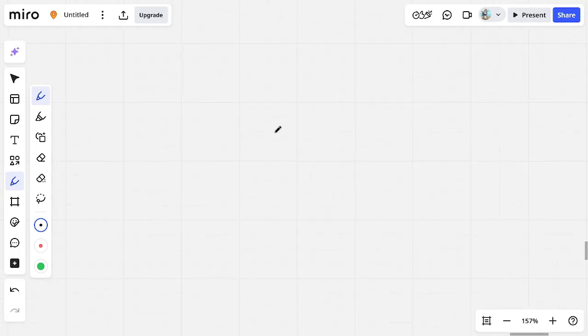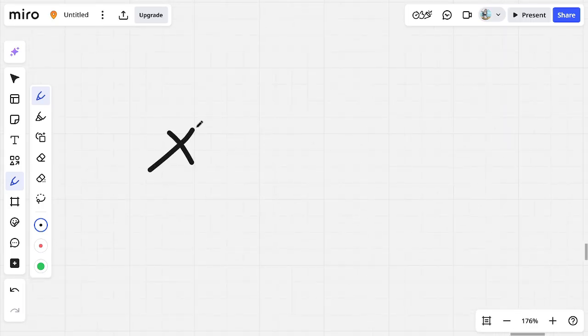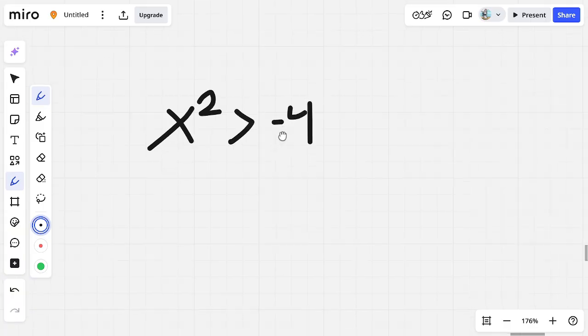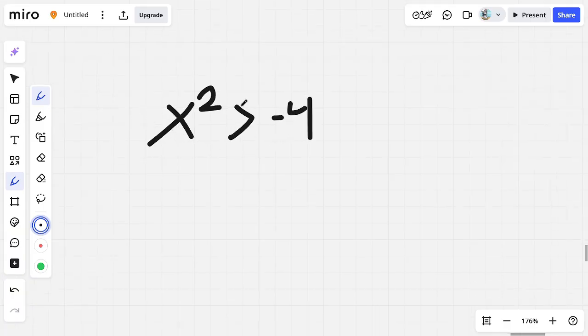Oh, a few things to note. I don't know if it's going to show up on the exam, but let's say you have x squared is greater than -4.